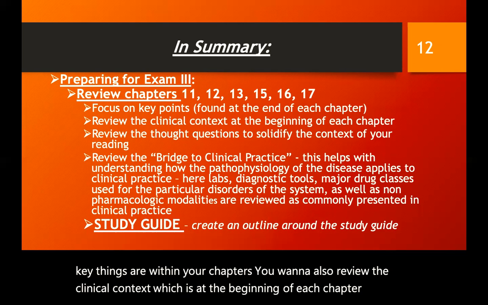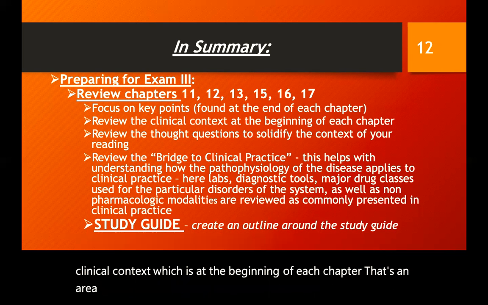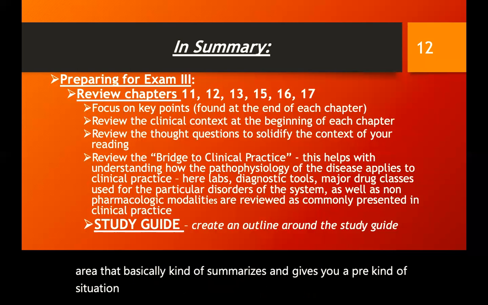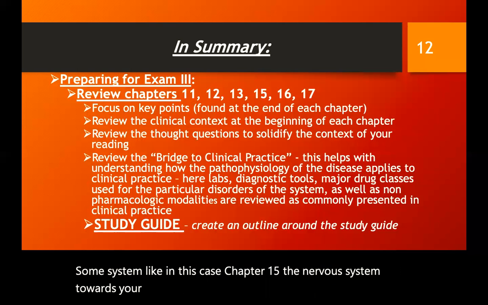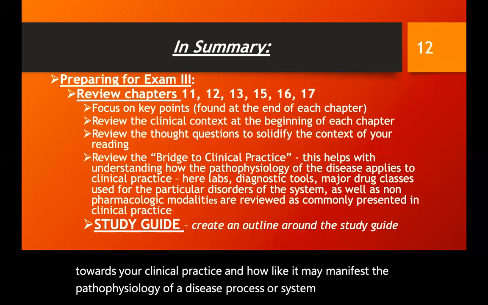That's an area that summarizes and gives you a pre-situation to give you an idea of how to apply that particular system, like in this case, chapter 15, the nervous system, towards your clinical practice, and how the pathophysiology of a disease process or system may manifest within your clinical practice.